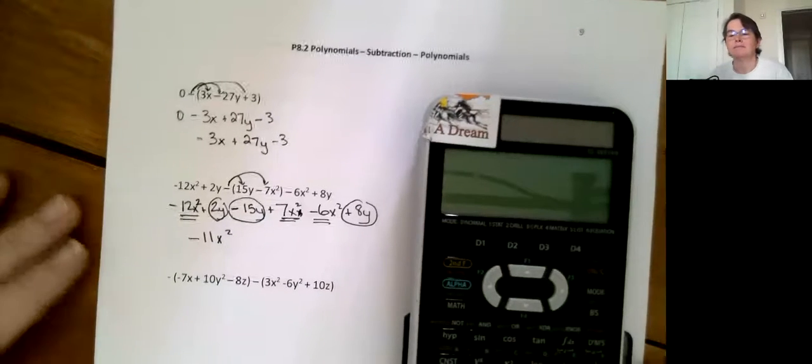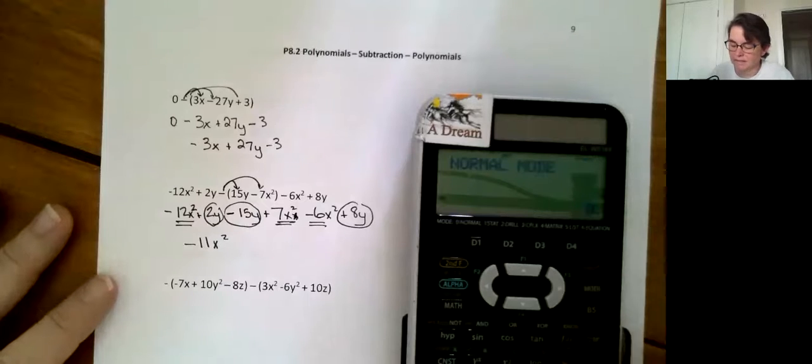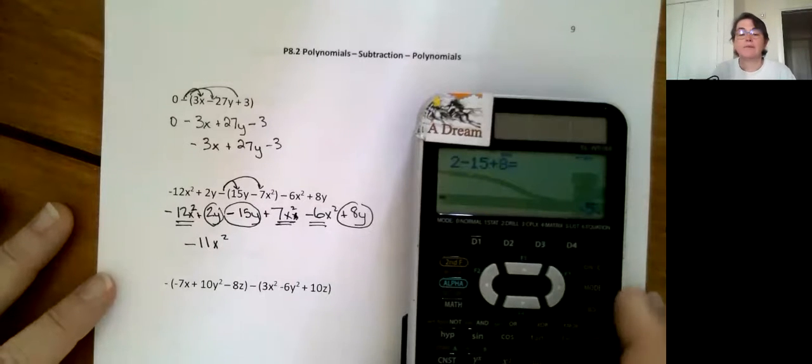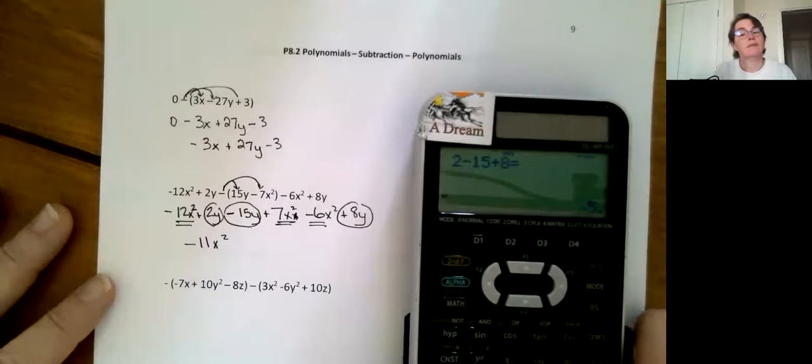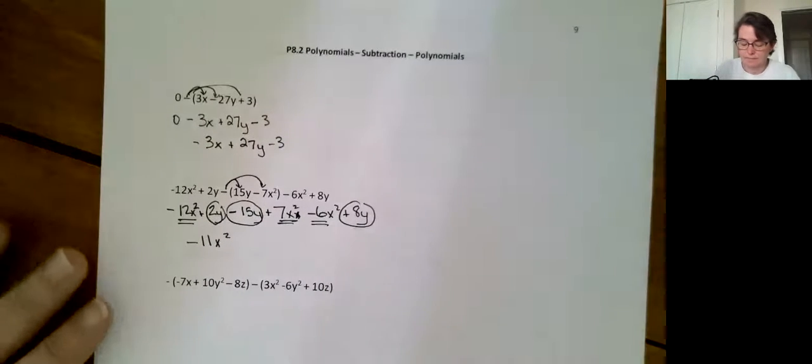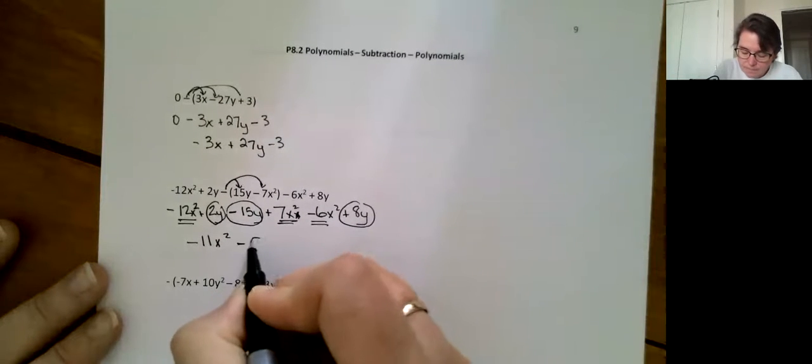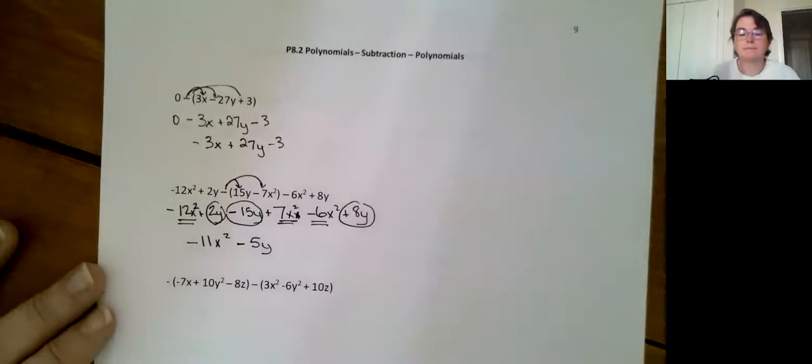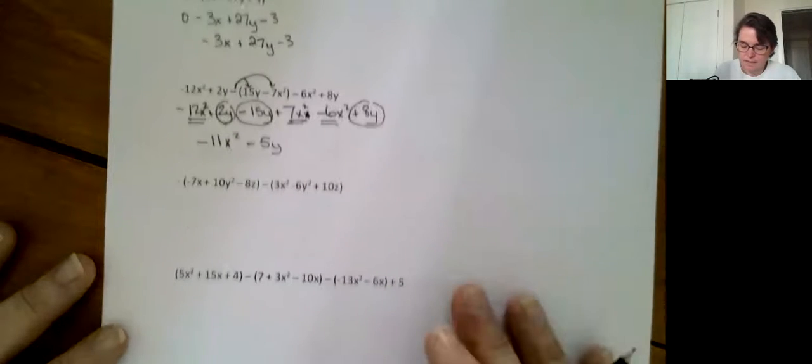Stop laughing. You all have days like this. So use your calculator. So 2 minus 15 plus 8 is minus 5. That was right. Nothing wrong with that. There we go.